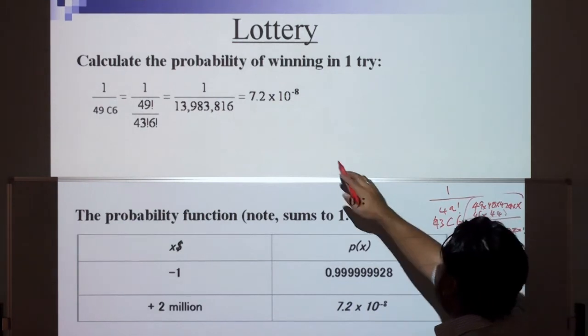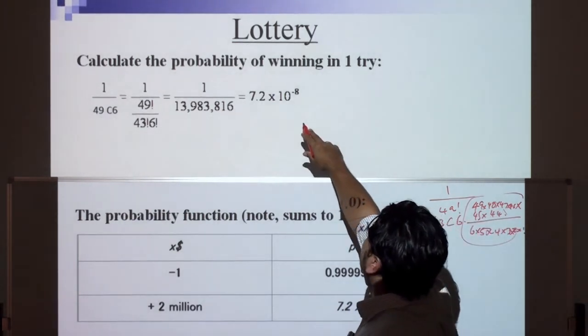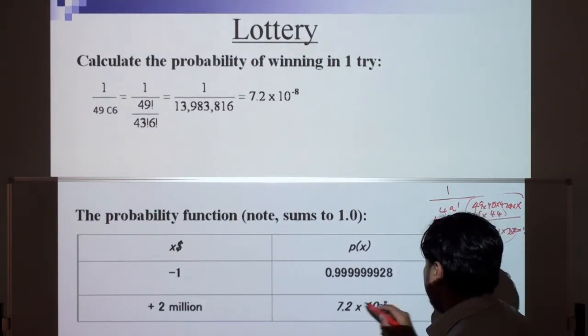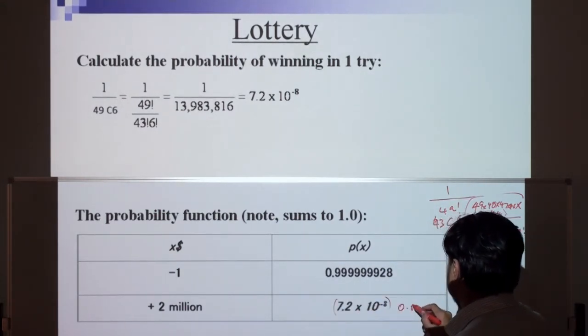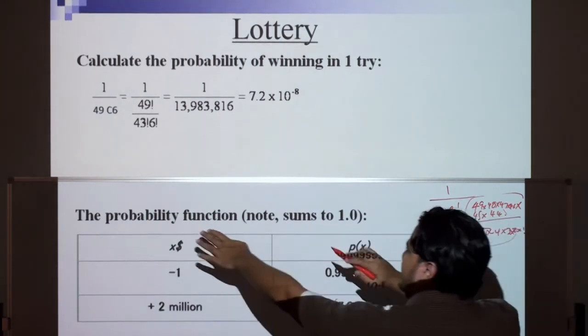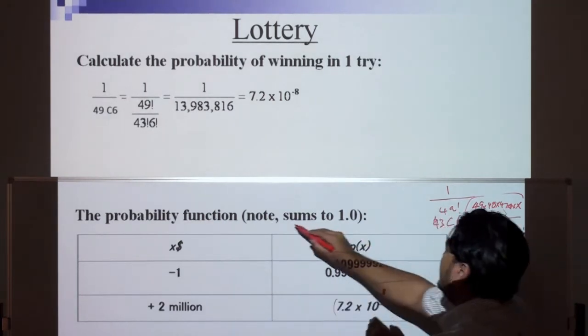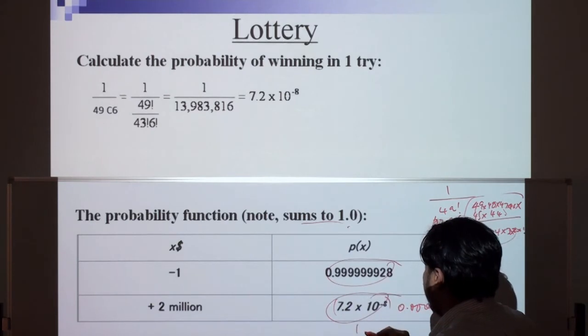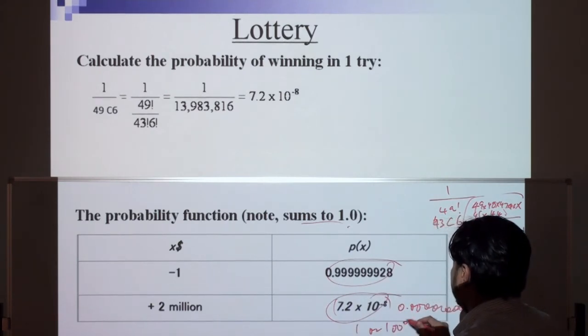You know that. And then you get 7.2 times 10 to the power of -8. So this is basically 0.000000072. Now notice that the probability function sums to 1. This plus that should add to 1, or 100%.